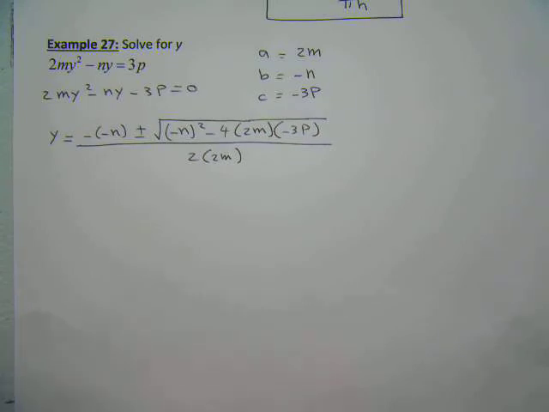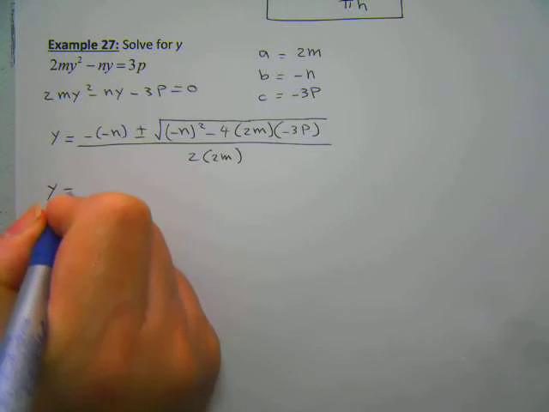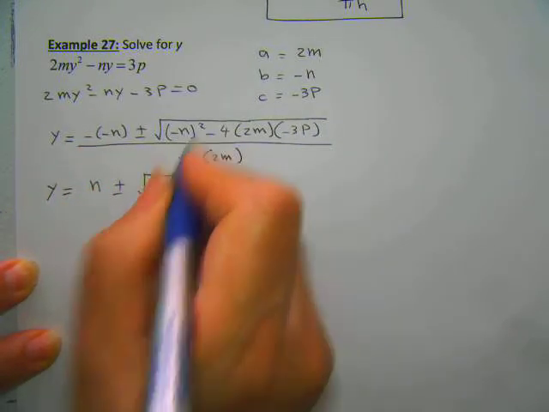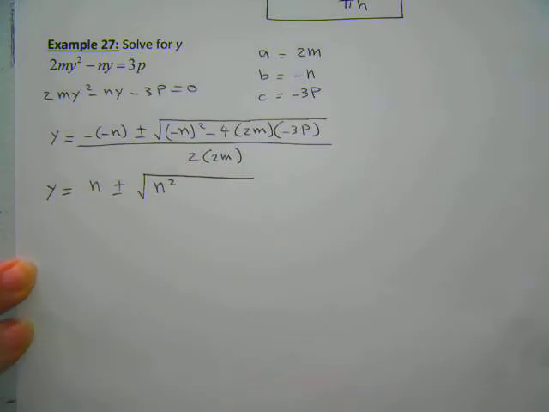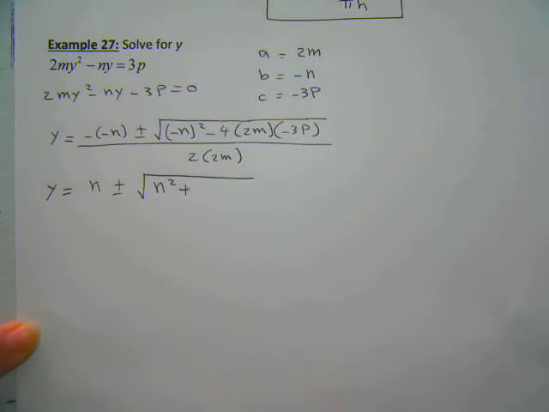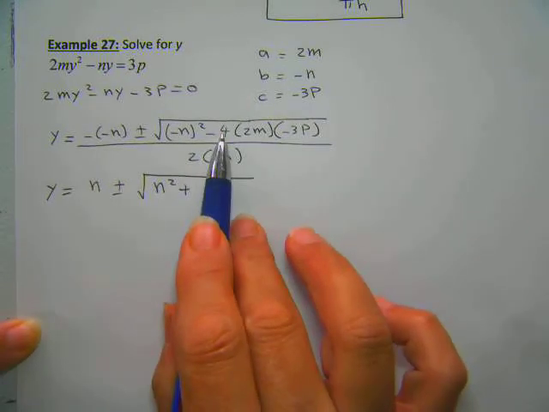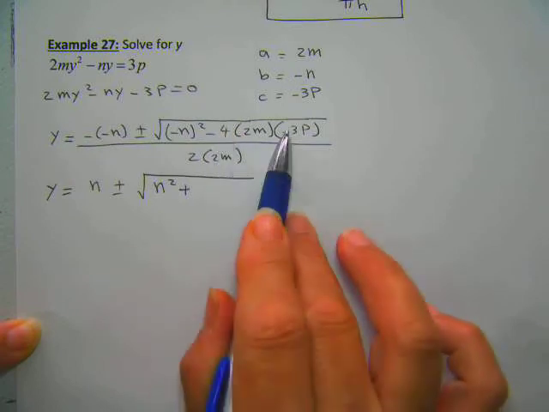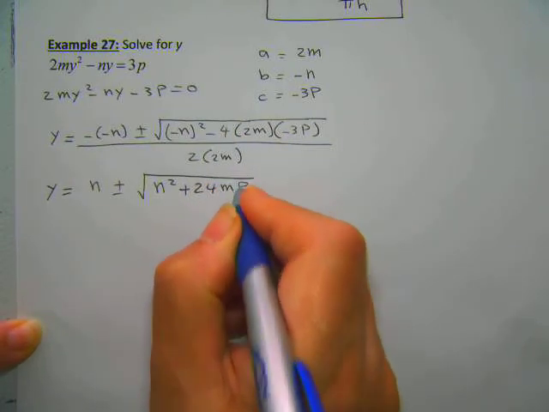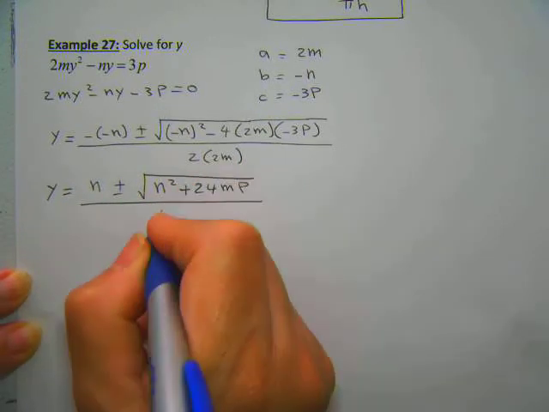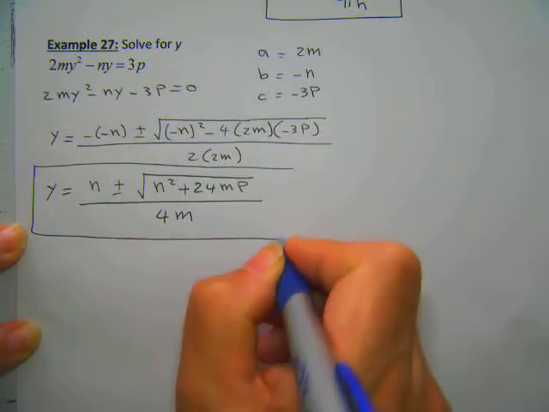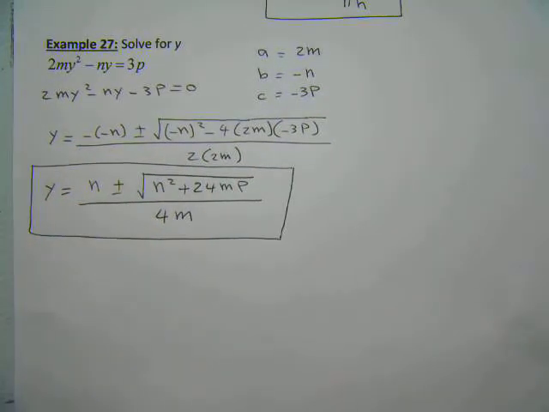So let's see. y is equal to positive n plus or minus the square root of, so negative n squared is n squared. I have a negative times a negative, that's going to make it a positive. Now multiply the constants. 4 times 2 is 8, 8 times 3 is 24, and I have m times p and all over 4m. And there's nothing else we can do after that, so that's the simplified final answer.